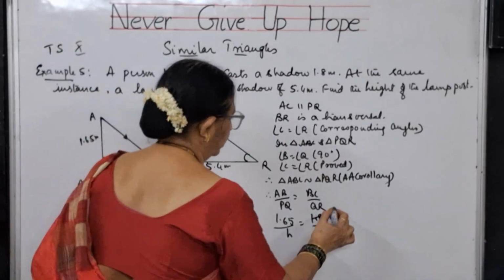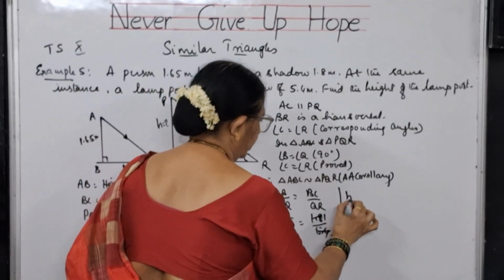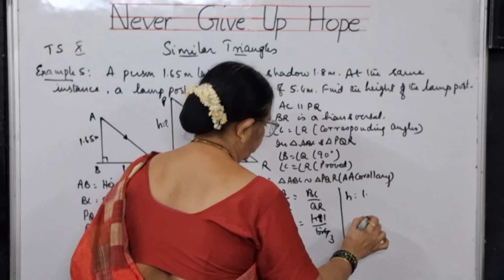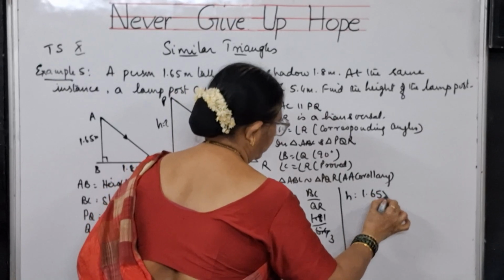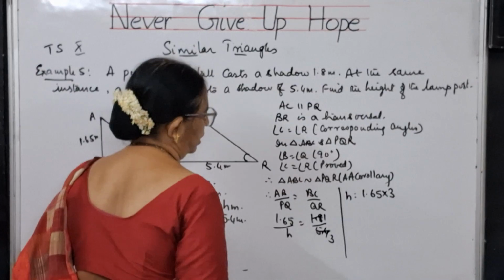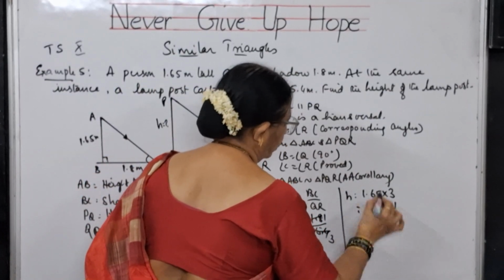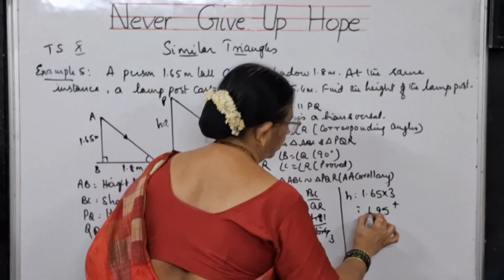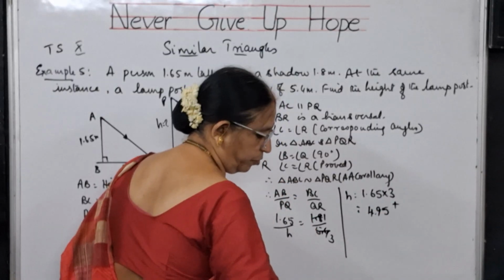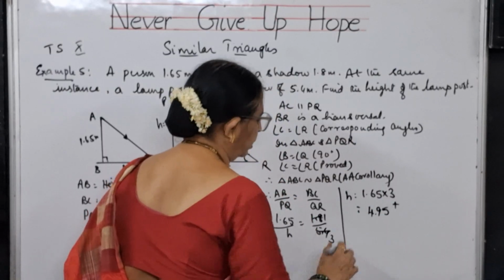So what is H? H is equal to 1.65 into 3. 3 fives are 15, 3 sixes are 18, plus 1 is 19, 3 ones are 3, plus 1 is 4. So what is the height that you are getting?